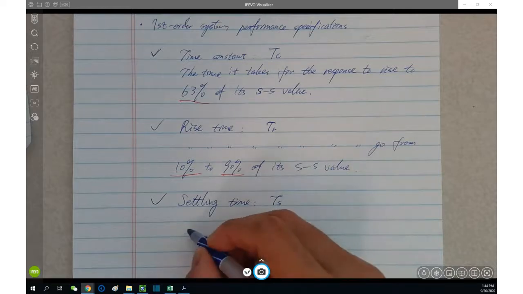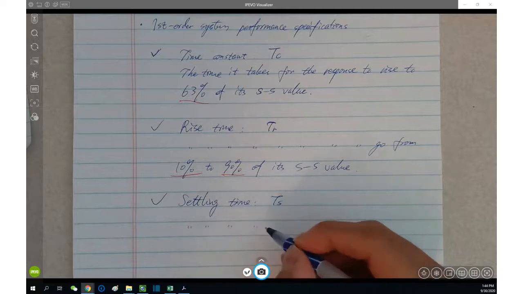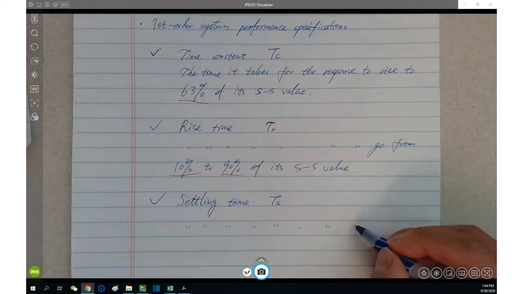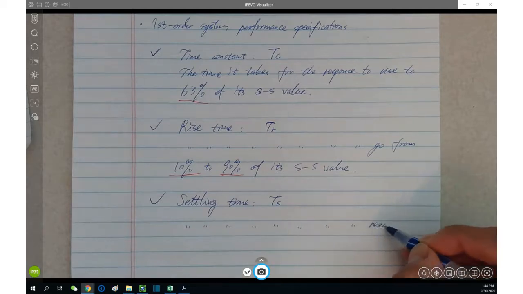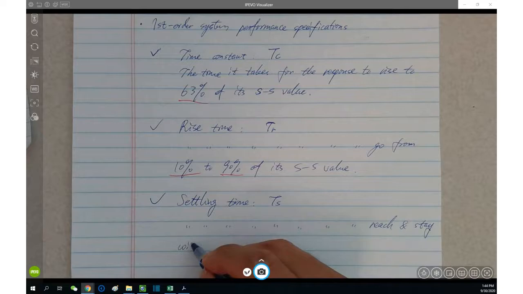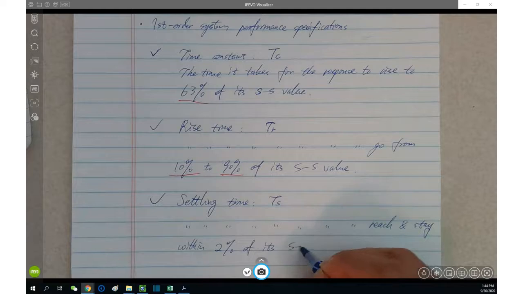The definition here is the time it takes for the response to reach and stay within 2% of its steady state value.